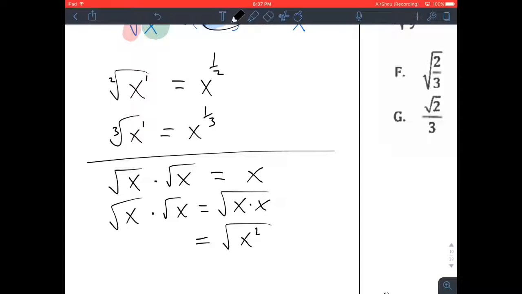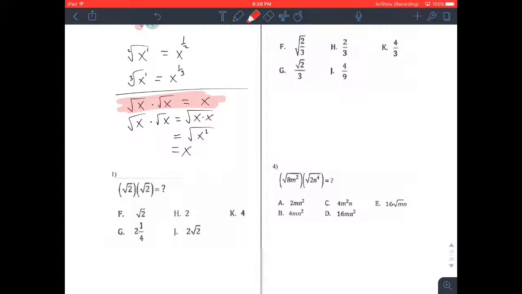What is the square root of x squared? What number times itself gives you x squared? Well, it's obviously going to be x. So here's a rule that you want to know: if you multiply a square root by itself, you always get whatever number is on the inside.